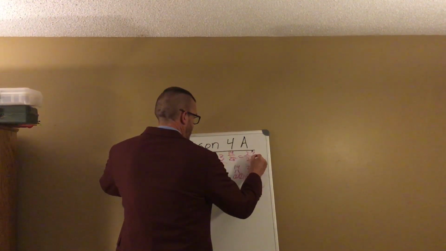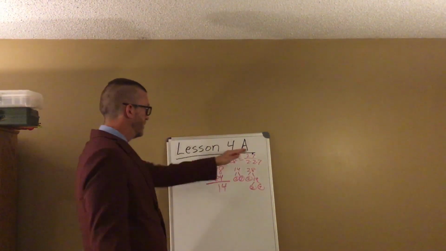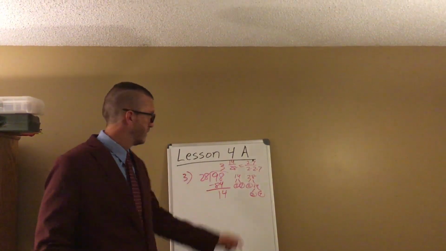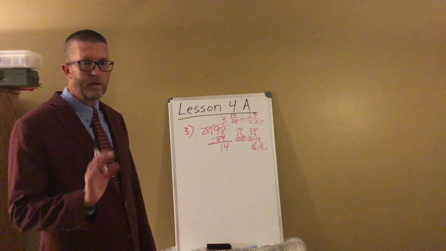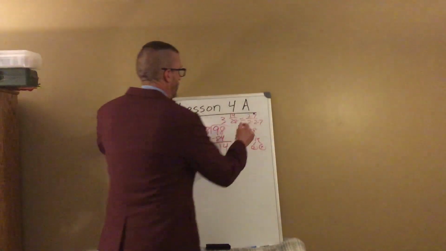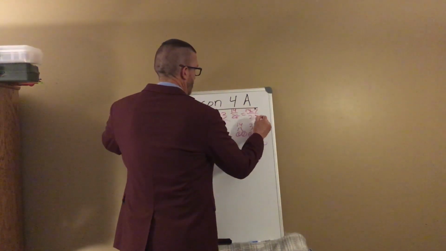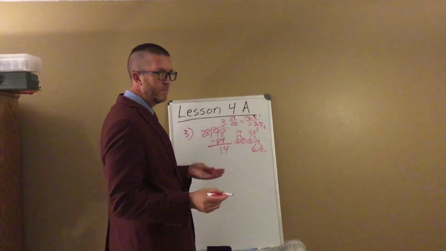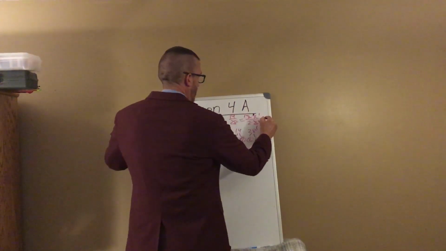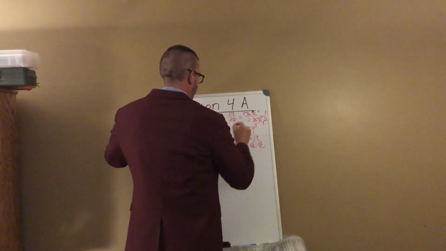So that's 2 times 2 times 7. There's the prime factorization for each of our numbers, our numerator and denominator. Now we cancel what's in common. I have a 2 here, I have a 2 here, I have a 7 here, I have a 7 here. Why did I choose this 2? Doesn't matter. Now I multiply what's left and we get 1/2.